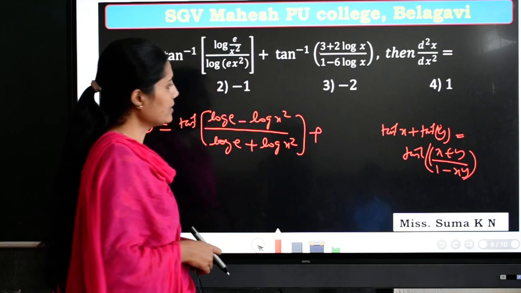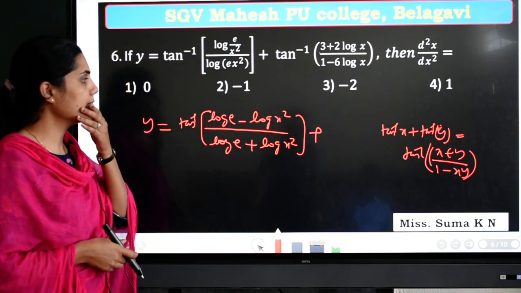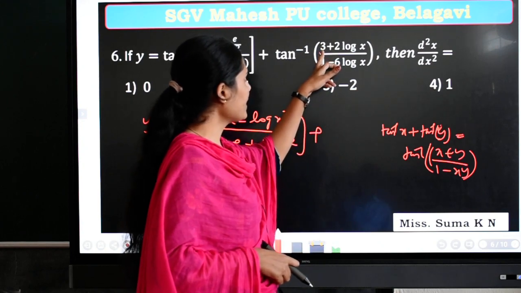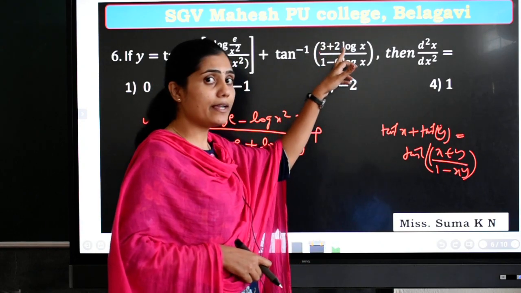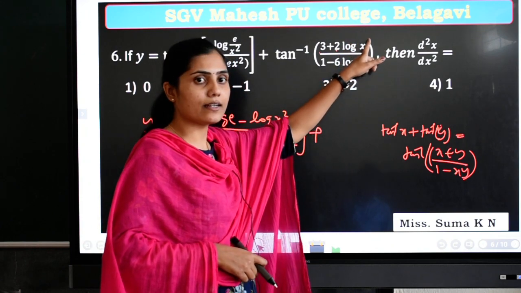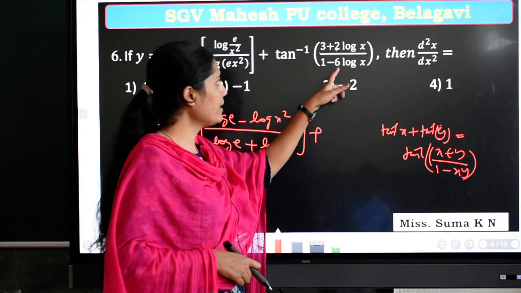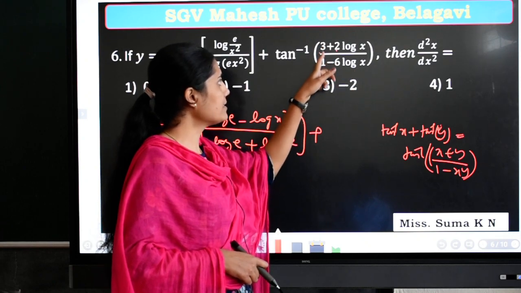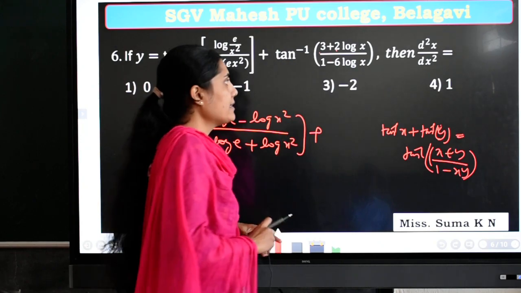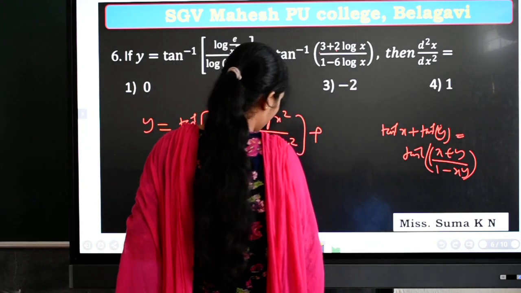Using this formula, tan inverse of x plus tan inverse of y. Y is what here? Log x square. Bring this 2 to here. X is 3, this 6 how to write? 3 to the 6. The xy form you are going to write here.